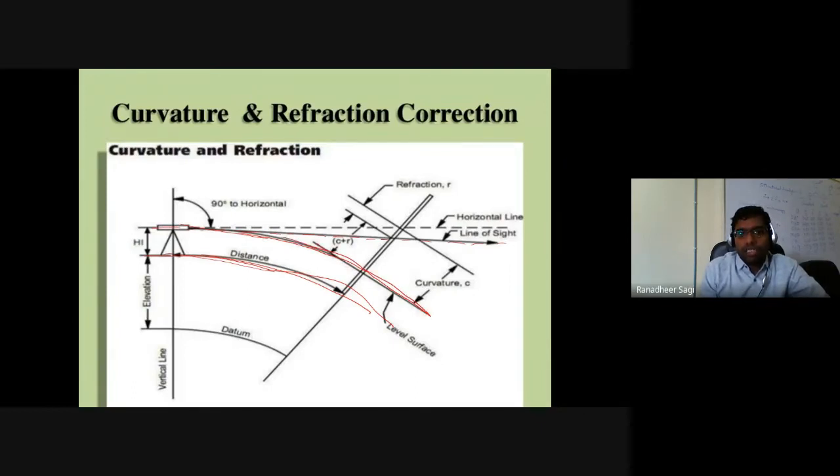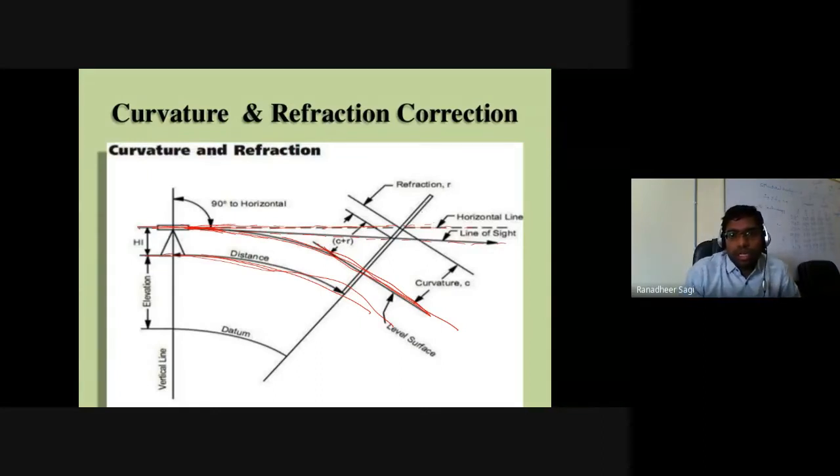Now, on that level surface, if I try to draw a line, which is called your level line, the difference in elevation, I repeat, between your horizontal line. How are we defining the horizontal line? We define it with regard to the line of sight from the instrument position, by drawing a horizontal line from the instrument station position, because this is your horizontal surface, and a line drawn on that horizontal surface is called a horizontal line, correct?